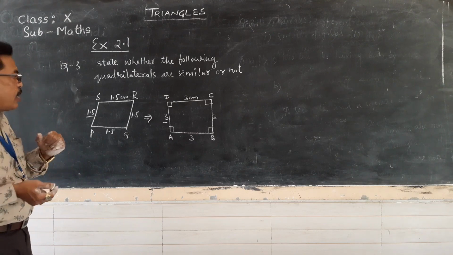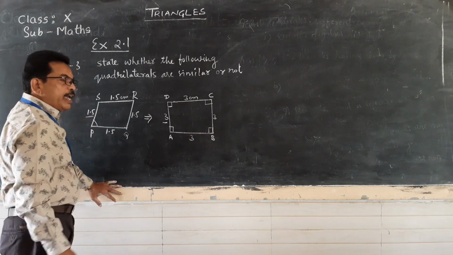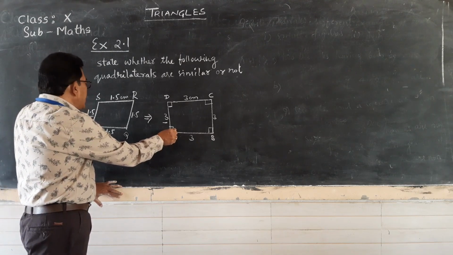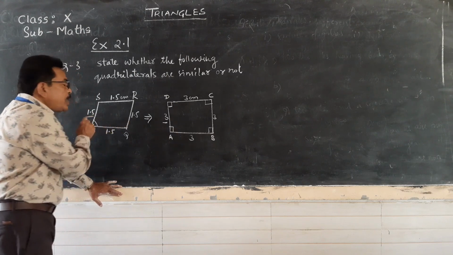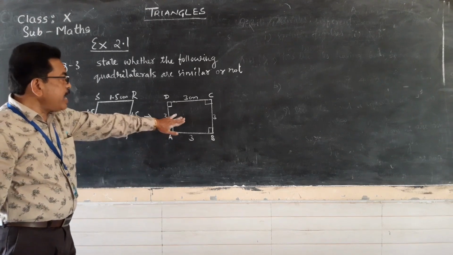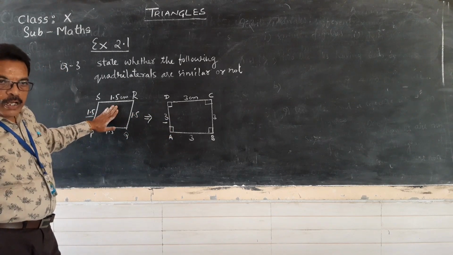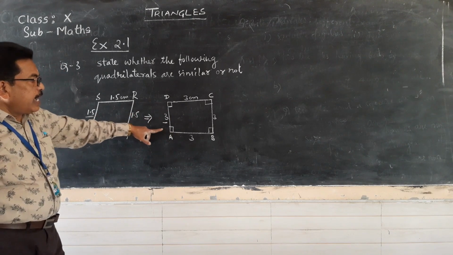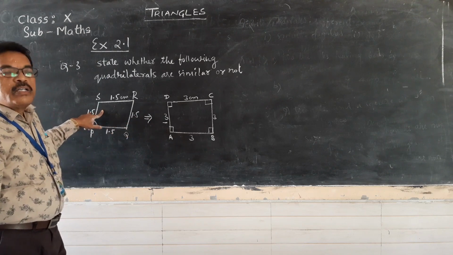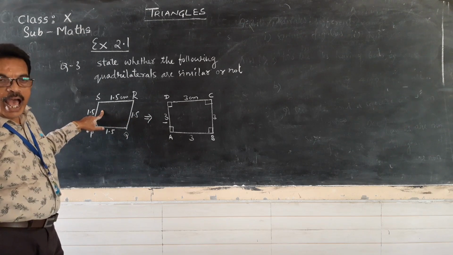Okay, now let us check. Angle B does not correspond to angle A, because angle A equals 90 degrees, but this does not. This one is the square, this one is the parallelogram. The square has angles equal to 90 degrees, but the parallelogram doesn't.